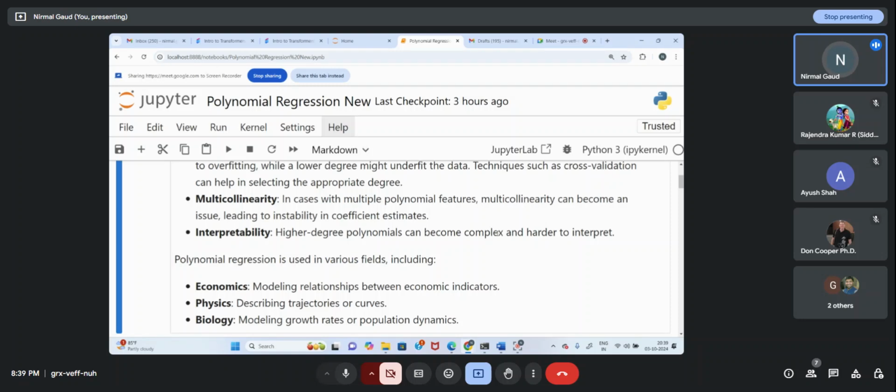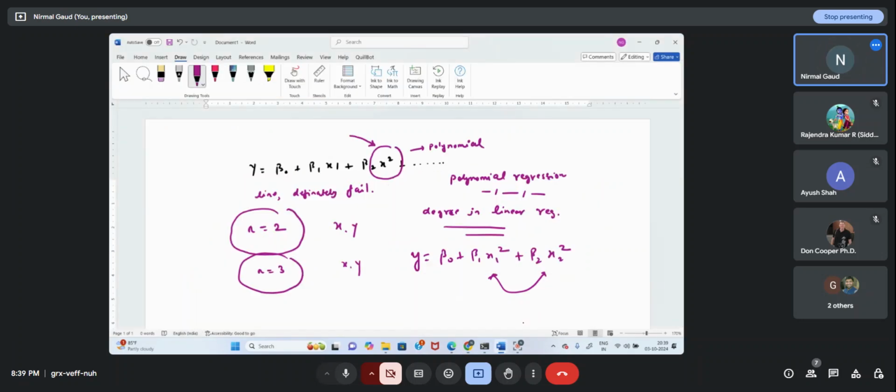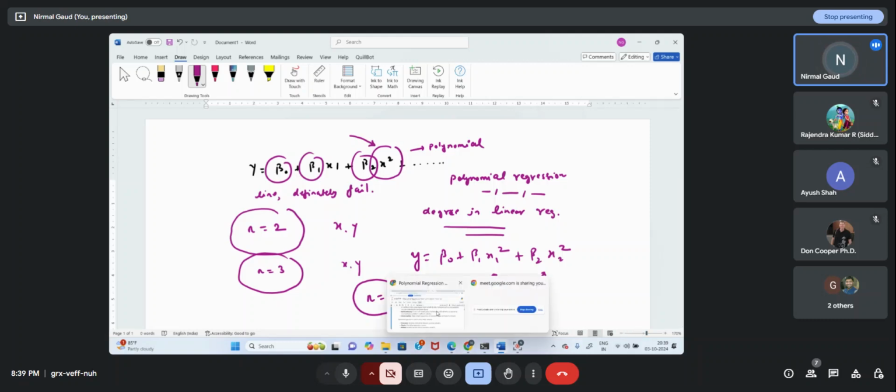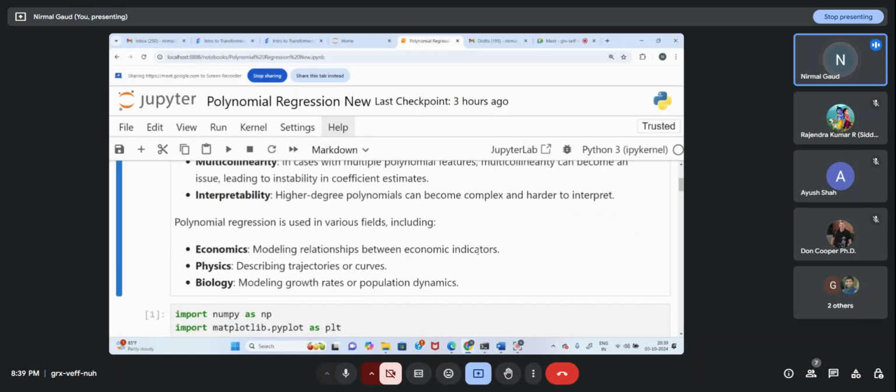For example, we did solve so far using linear regression for n equal to 1. But if the degree becomes higher, then solving for the coefficients is obviously complicated. Therefore, interpretability for higher degree polynomials is complex in nature.